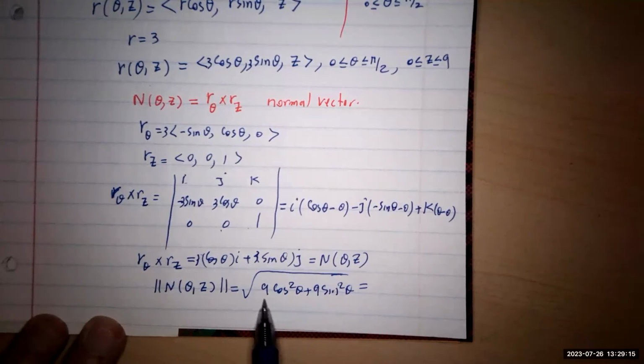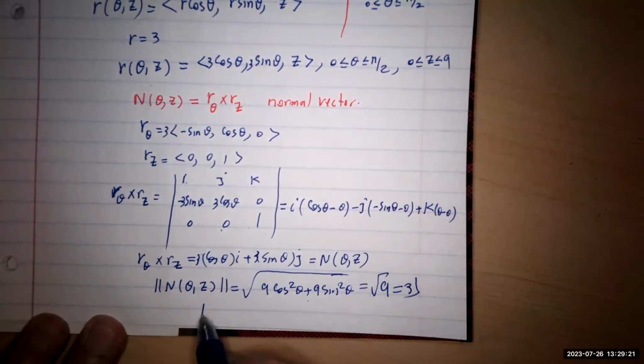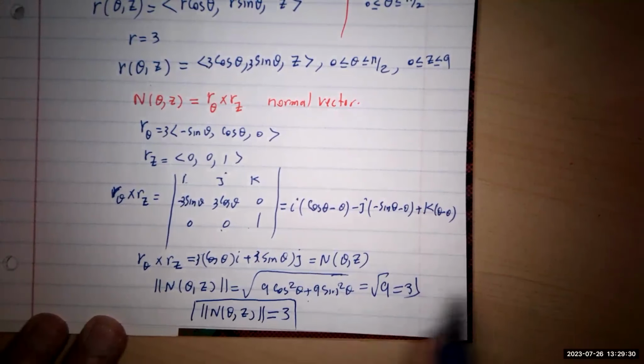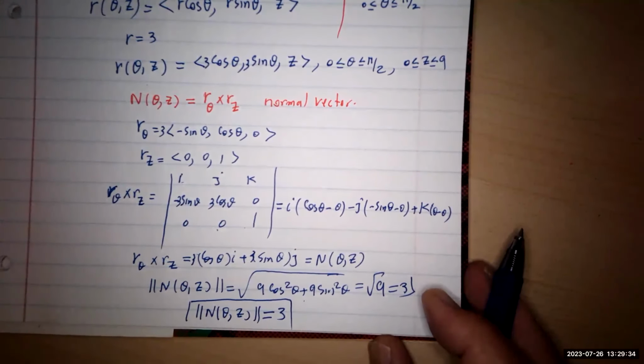You take out the 9 as a factor, so the result would be radical 9, which is equal to 3. So the norm of that vector, most of the time a constant, is equal to 3. You see, that's the extra thing that you have when you integrate to get this function.